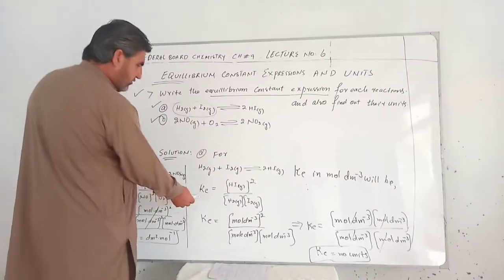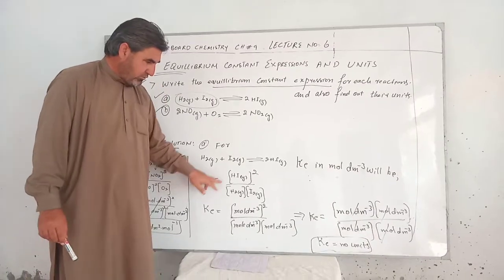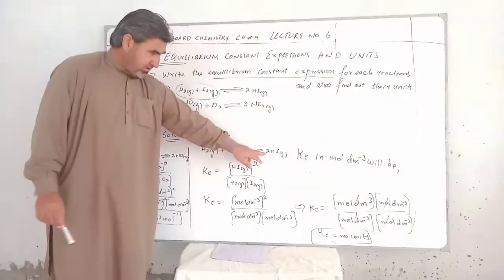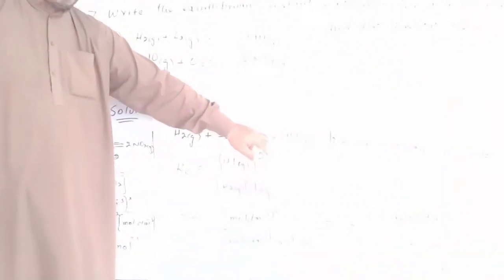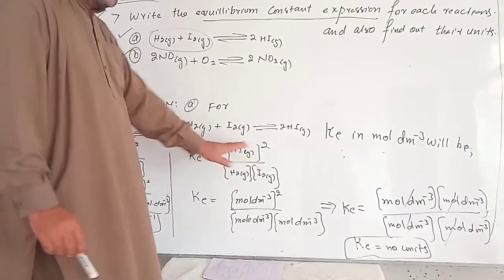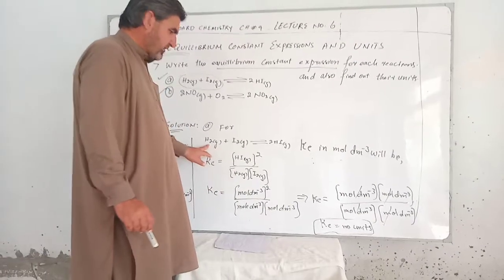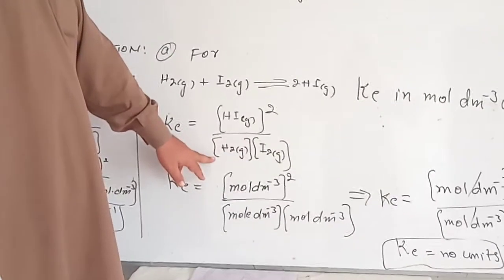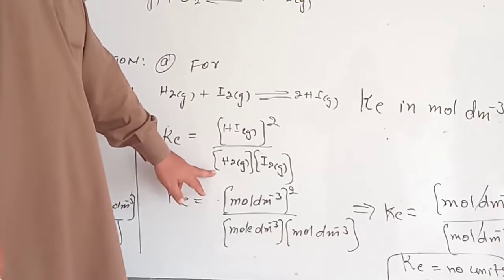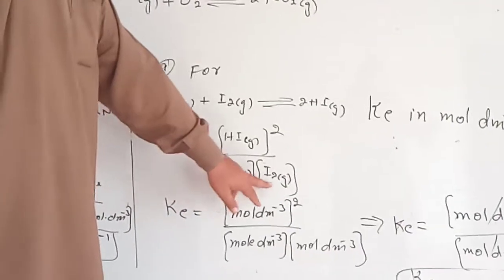As you know, the equilibrium expression is Kc equals [HI] squared, the concentration of the product with its coefficient 2 raised as a power, divided by the reactants. The reactants are written in the denominator: the concentration of H2 multiplied by the concentration of I2.